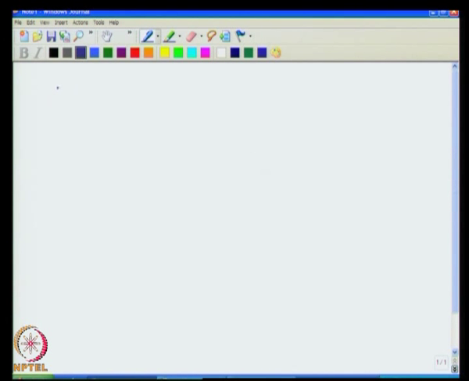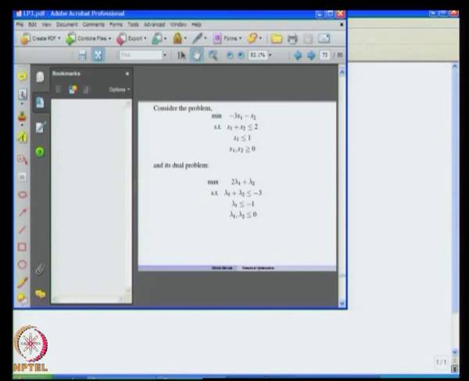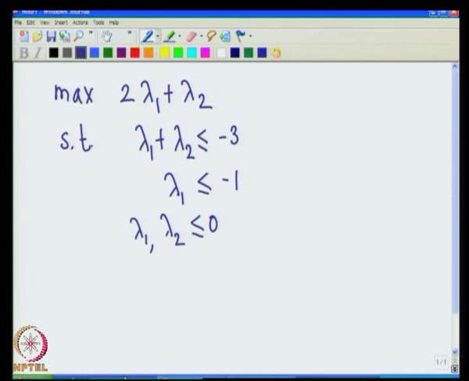So, we have the dual problem which is maximize 2 lambda 1 plus lambda 2 subject to the constraints lambda 1 plus lambda 2 less than or equal to minus 3, lambda 1 less than or equal to minus 1, and lambda 1, lambda 2 less than or equal to 0. Now, if we solve this problem graphically, lambda 1 and lambda 2 are non-positive.